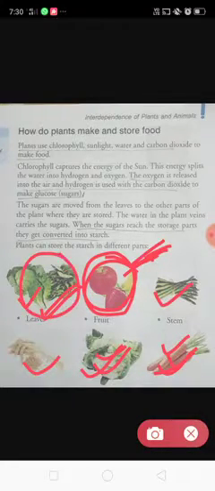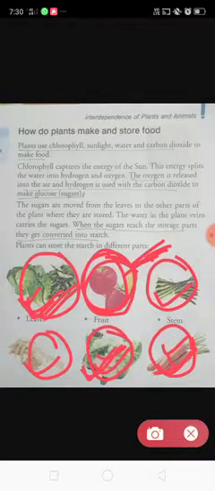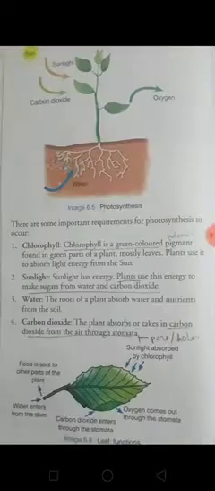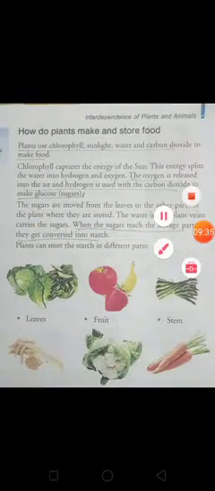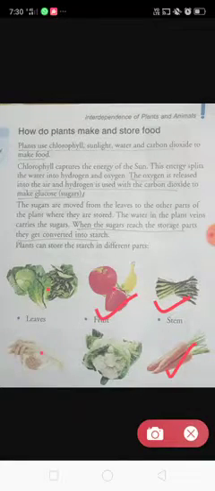These are all sugars which are manufactured during photosynthesis: lettuce, leaves, cauliflowers, roots, stem, fruits. So these are the foods produced by the plant in the form of sugar.